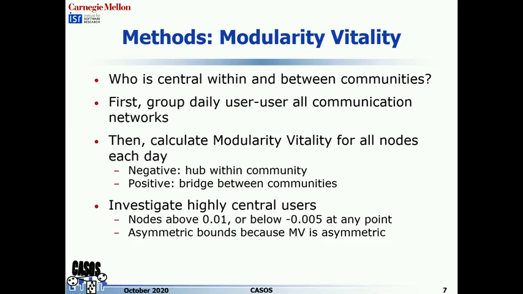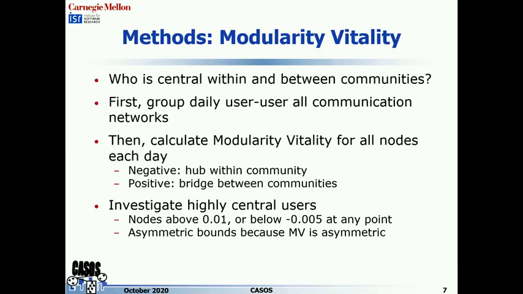Also, it answers questions like which user is central within or between communities. To answer this interesting question, we group the networks on a daily basis and make user-user all-communication networks: retweets, mentions, quotes.